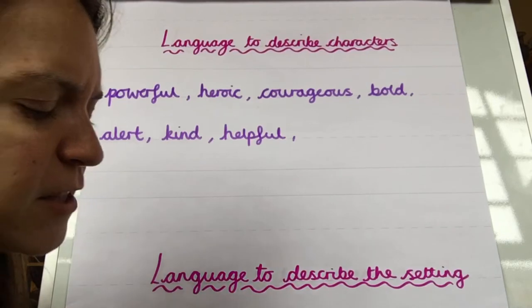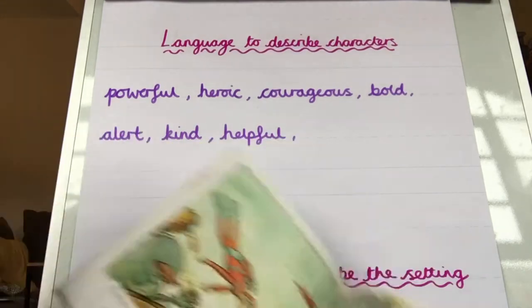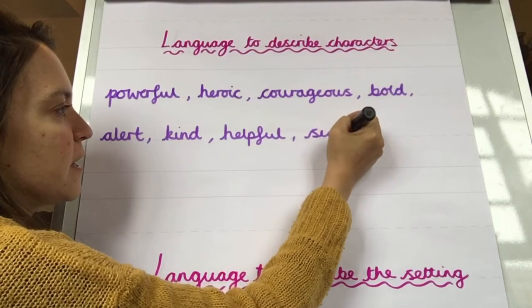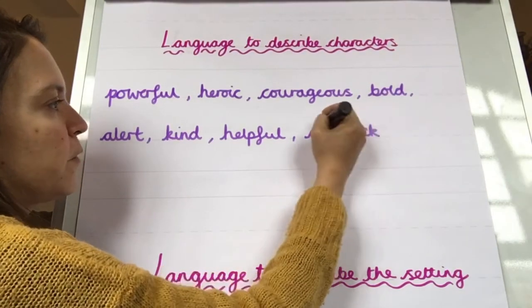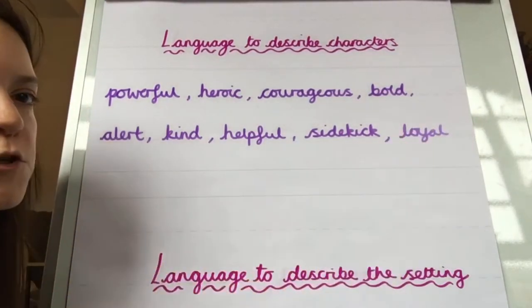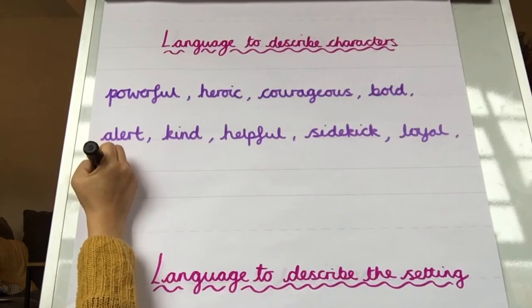Let's have a think about his sidekick, Scrubbing Brush, as well. What is Scrubbing Brush like? So we could use the word sidekick. We could use that noun. Sidekick. We could say that he is loyal. That means he always stays close to Traction Man, ready to help him. We could say that he is trusty.